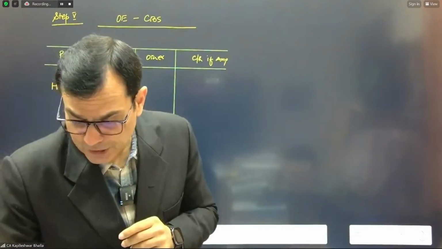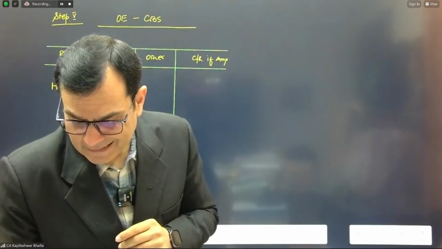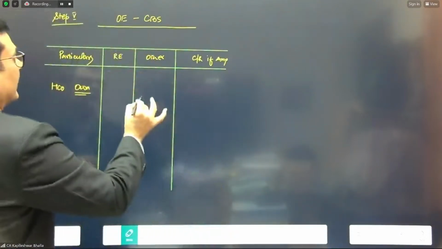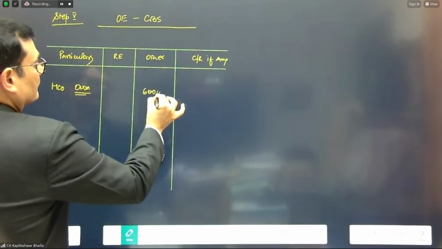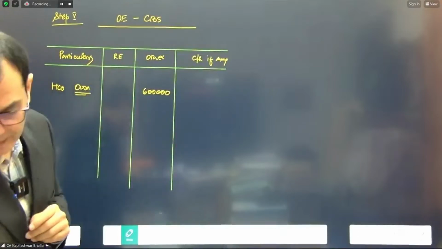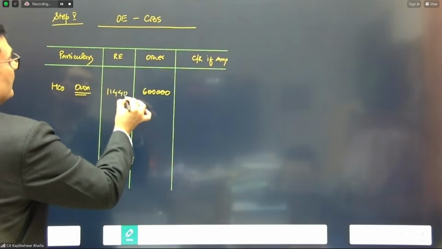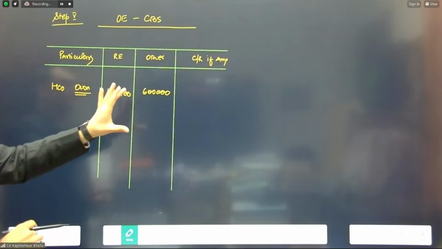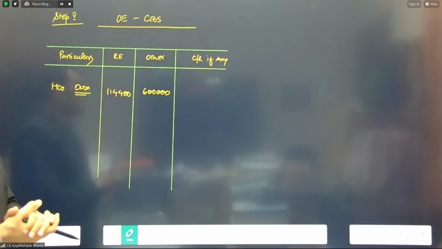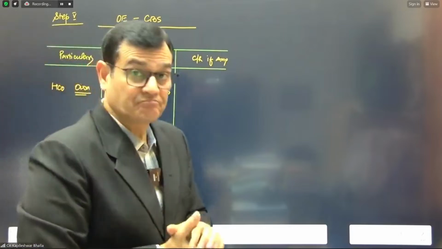So if you go to the balance sheet of the parent company, the other reserves are appearing at 6 lakhs. And the retained earnings is appearing at 1,14,400. This is holding company's own profit picked up from the balance sheet of the parent company.